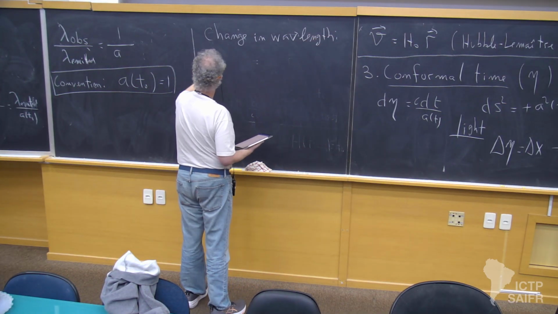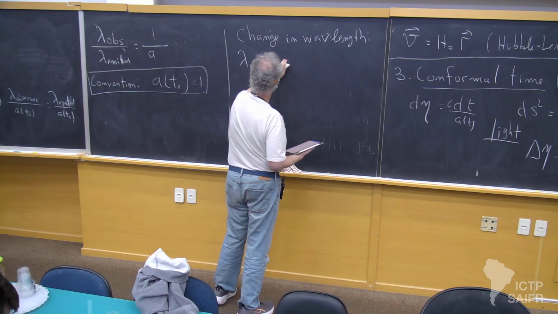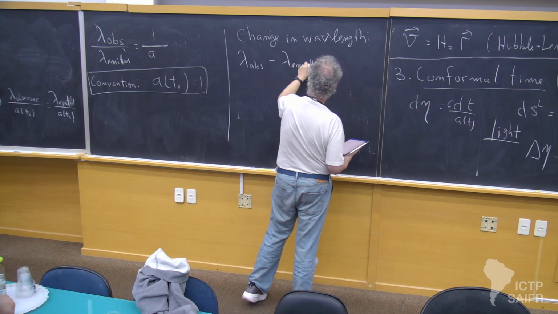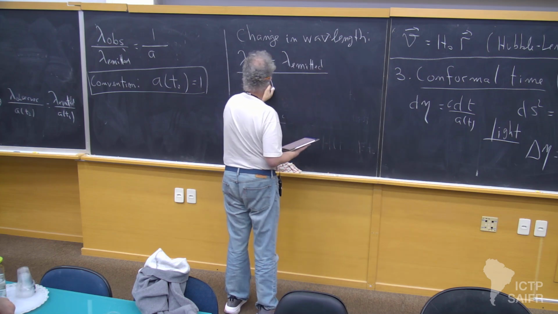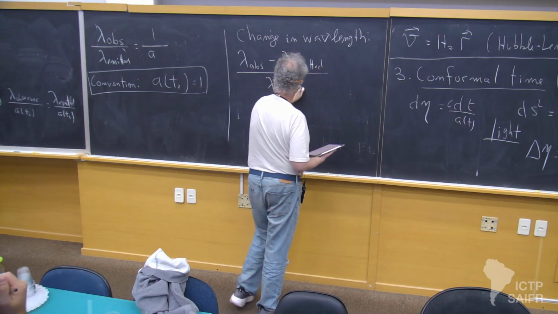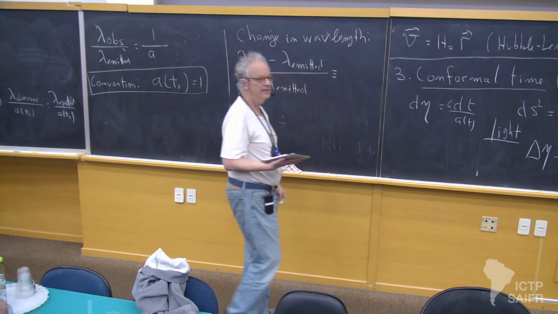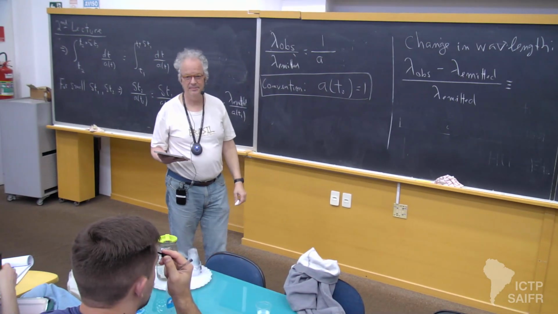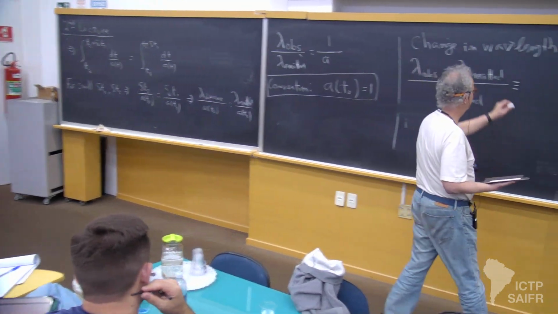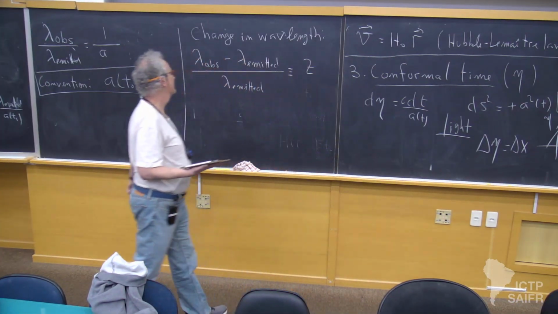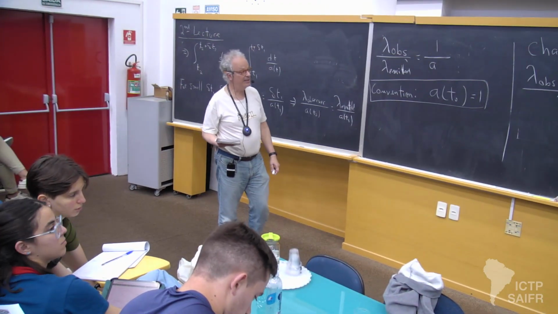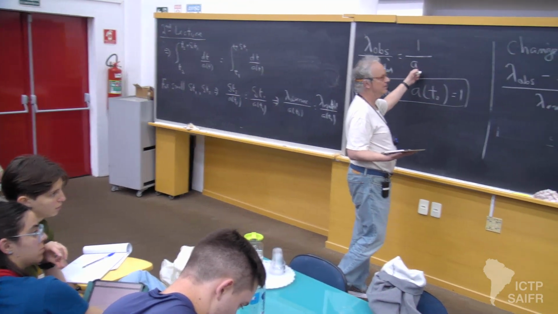So let's say this is the wavelength we observe, and this is different from the wavelength that is emitted. And let's say this is divided by the wavelength that is emitted by the source. So this is what we define as redshift, or blue shift. I didn't tell you which sign it is, but this is defined as a shift. So it's the shift in the wavelengths, and the shift in the wavelengths comes because of the expansion of the universe.